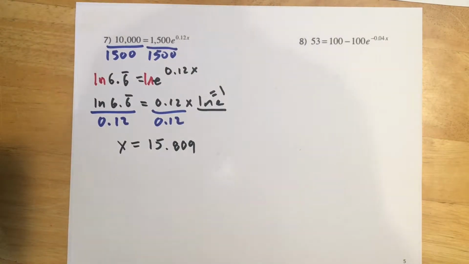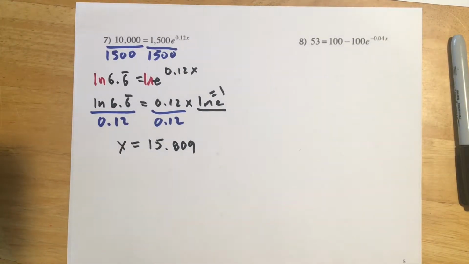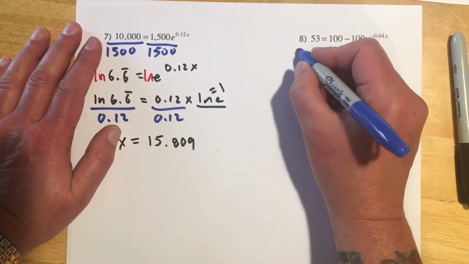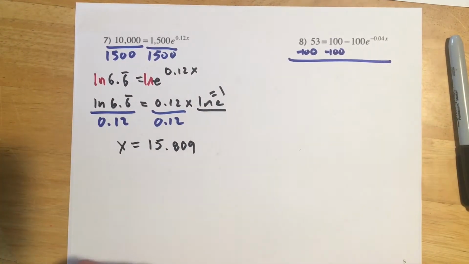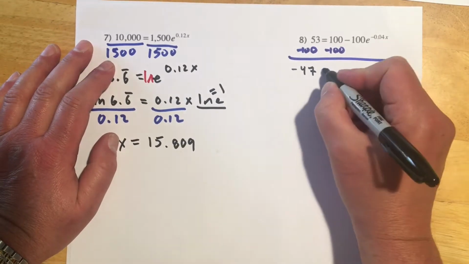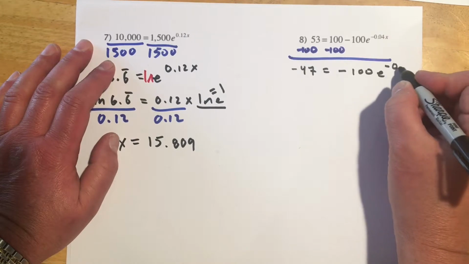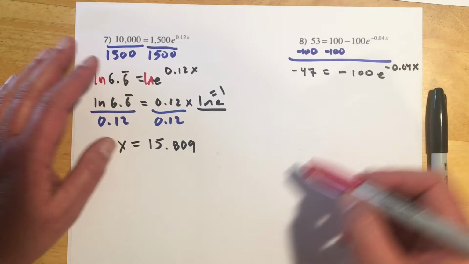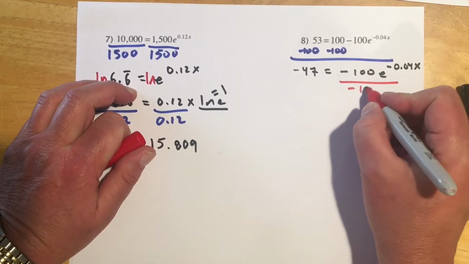Number 8, this one's a little bit different. So again, we need to get this e part by itself. And so first thing I'm going to do is I'm going to subtract over this 100. And that's going to get me negative 47 equals, that's gone now, negative 100 e to the negative 0.04x. And then I'll divide out the negative 100 on both sides, and that's going to get, again, that exponential piece by itself.